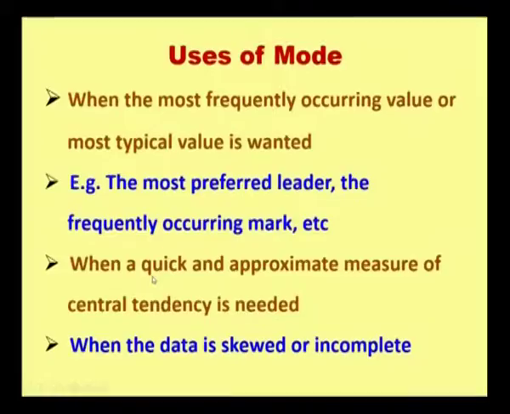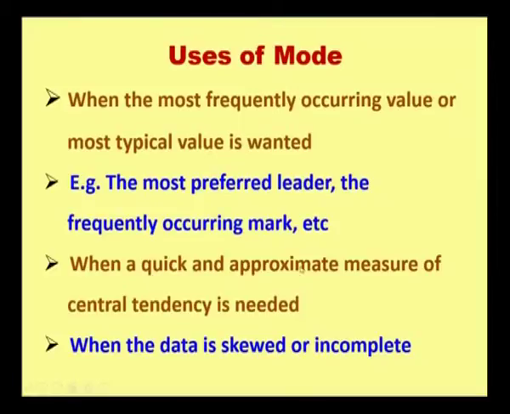You take 70, and the 70 mark is occurring many times. That means many students could have got the mark 70. And if you are particular about identifying that mark, then we have to go for the mode. Similarly, which leader has got the most votes, for that we can use the mode.